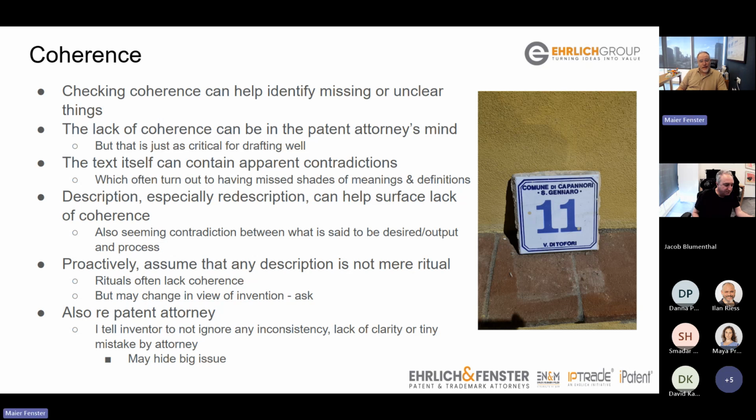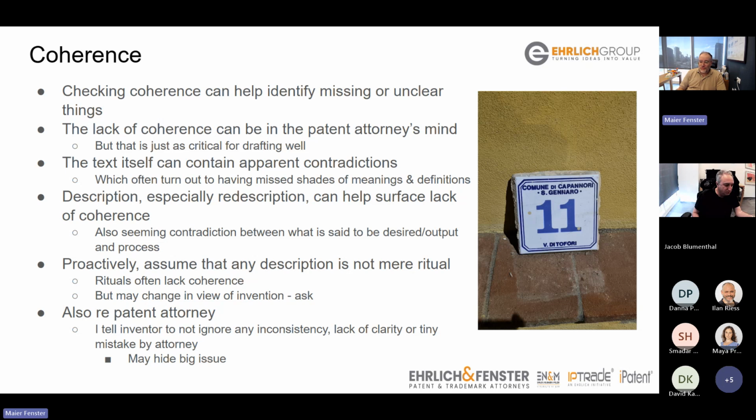And any contradiction between what the inventor says we want to get and what you understand the disclosure will provide is worth talking about. There's something called a ritual. A lot of what we do is standard engineering practice, basically a ritual. We do it because the previous engineer did it. Rituals, by their nature, often are not coherent with the rest of the disclosure.